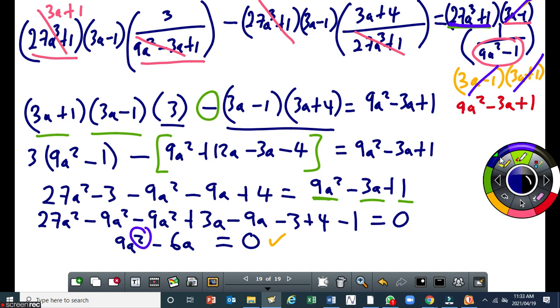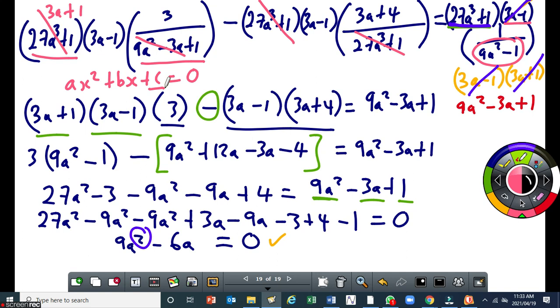If you remember your general equation of a quadratic equation, it's ax squared plus bx plus c equal to 0. So this constant term is not there. What you do in such a case is factorize by a common factor because we have a binomial.